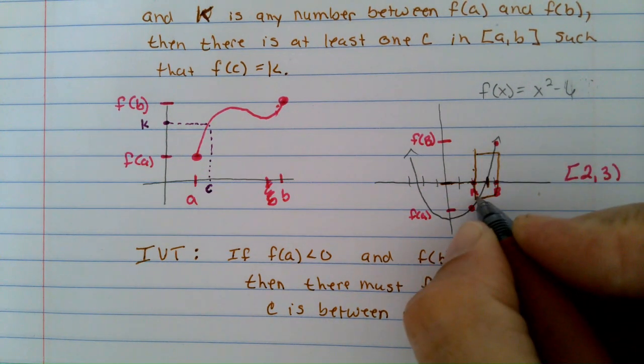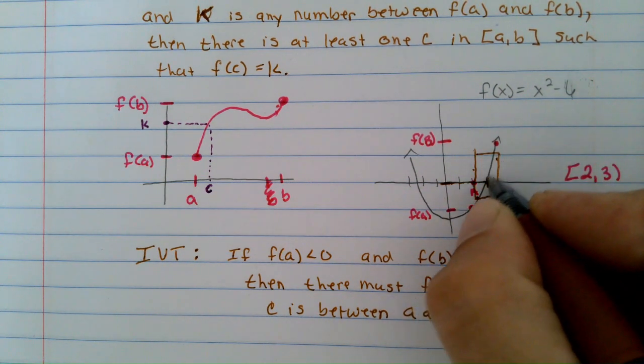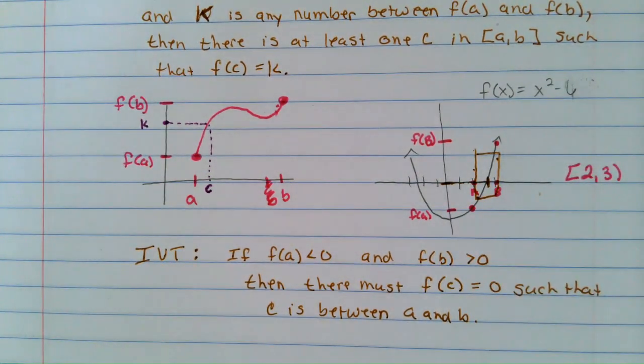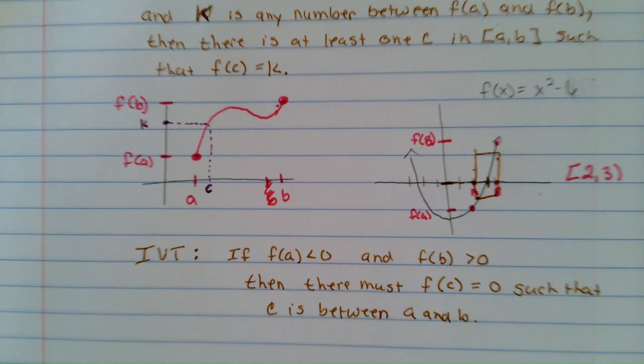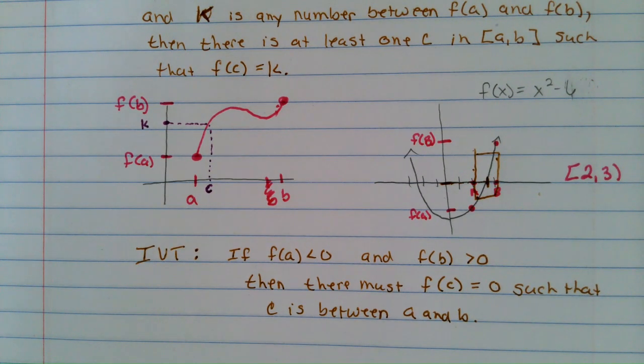We can see that this is below, we can see that this is above, and it's continuous, so we had to cross 0. That's all the intermediate value theorem is saying, but it's such a powerful thing. You've been applying it for years without realizing it. But that's all you need with the intermediate value theorem.